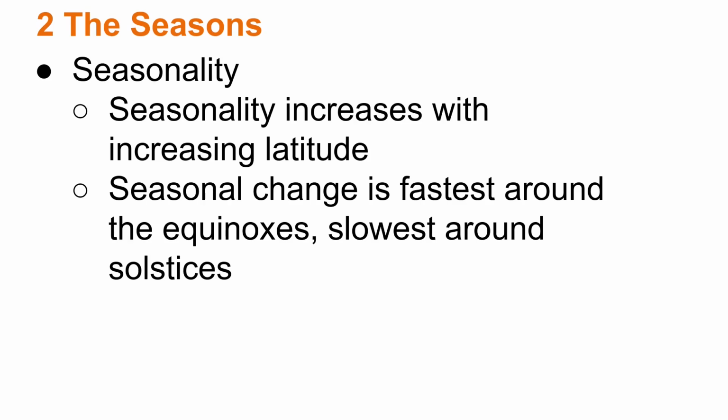In fact, around the time of the solstice, day length doesn't change and the angle of the sun doesn't change. But around the time of the equinoxes, the change in day length is a couple of minutes. As we come from winter towards summer, we're gaining 2.5 minutes every day. And as we move from fall into winter, we're losing about 2.5 minutes every day.